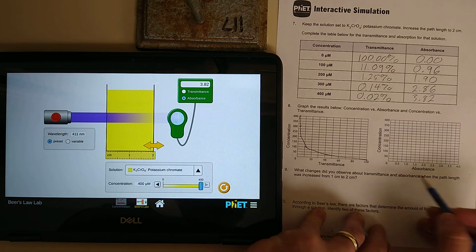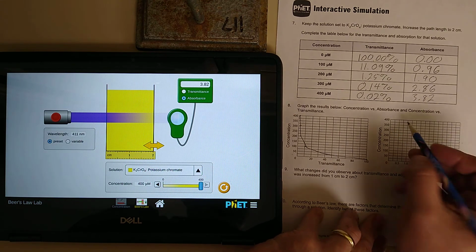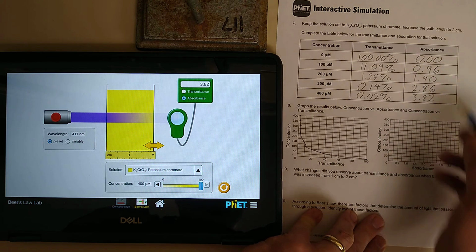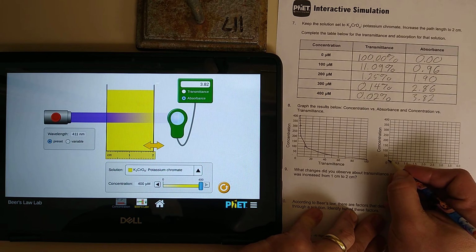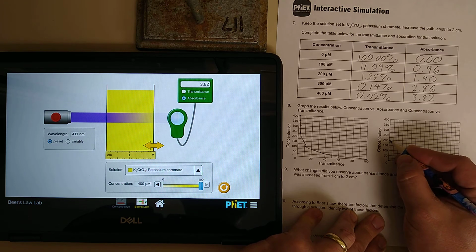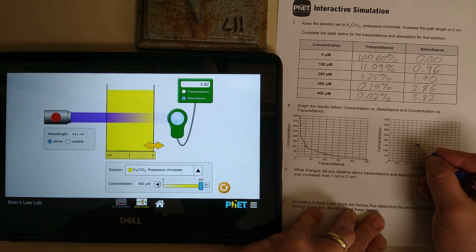Right. Concentration and absorbance. At 0, we have 0. At 100, we have 0.96. At 200, we have 1.9.